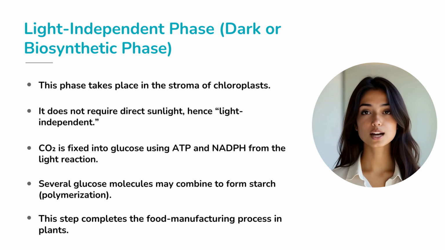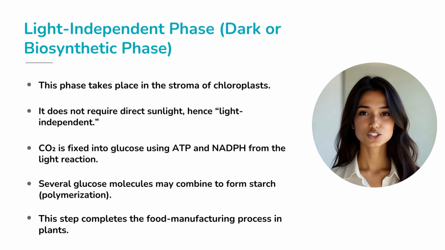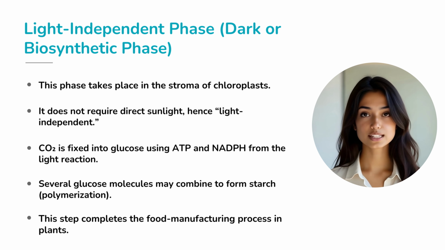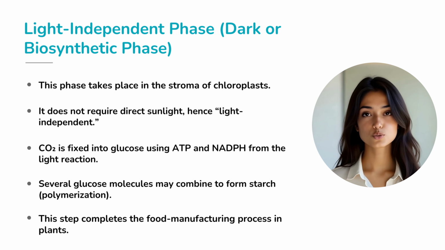Here, carbon dioxide molecules are fixed into glucose through a series of enzyme-controlled reactions. Several glucose molecules may then combine to form starch in a process called polymerization. So you see, this phase is where actual food is manufactured, silently, without the need for direct light, but fully dependent on the energy stored in the first phase.